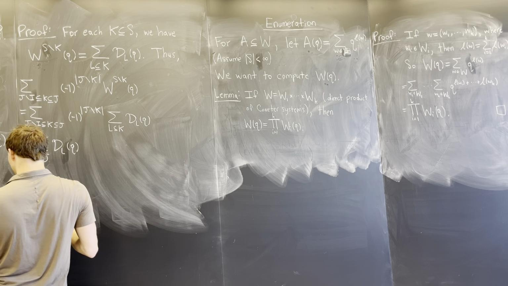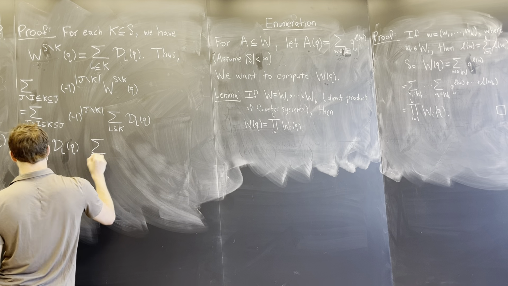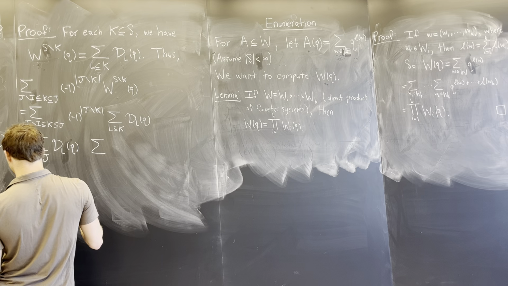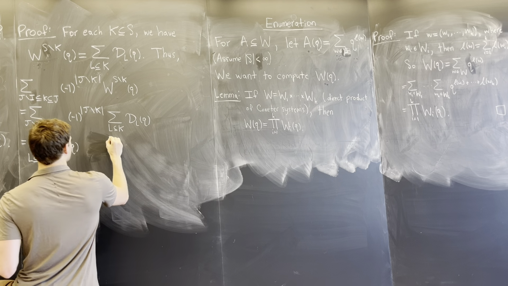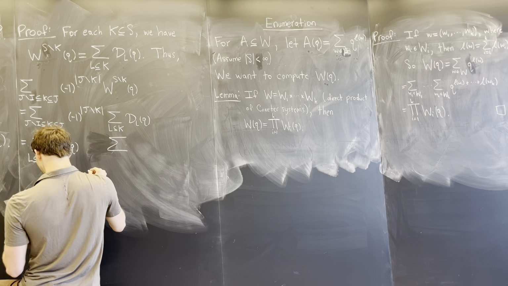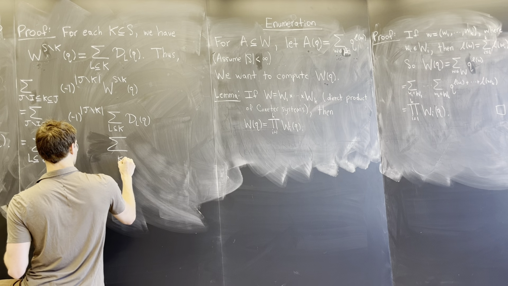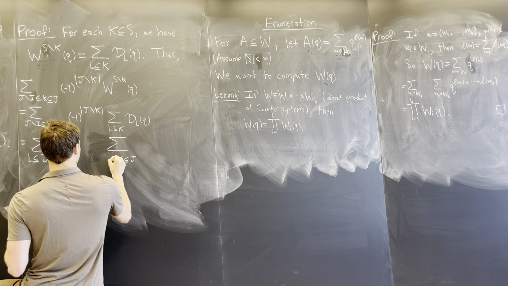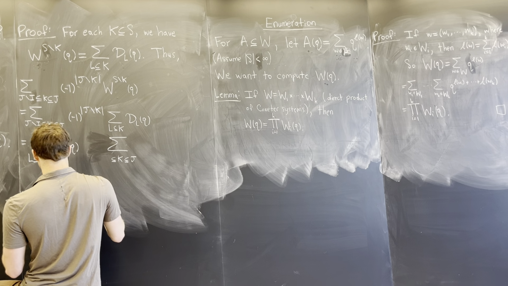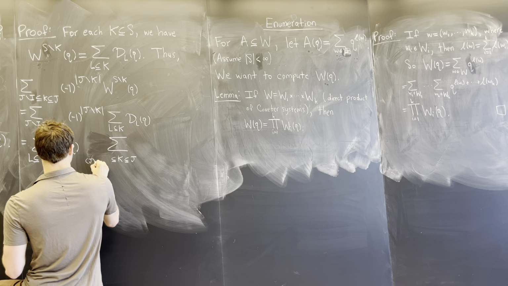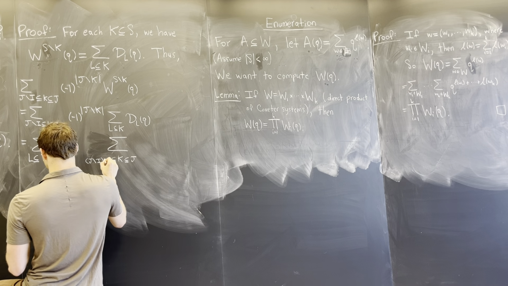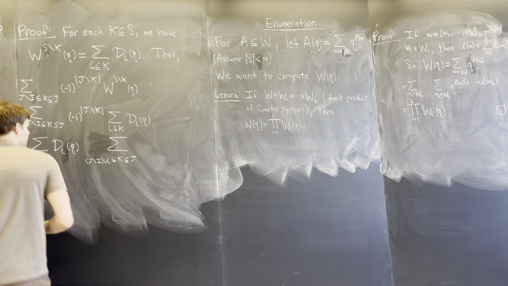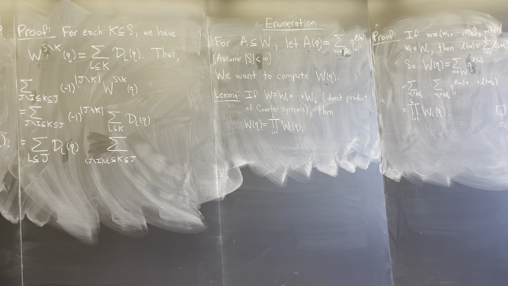And then I want to sum over all K contained in J, but K must also contain J minus I union L. Okay. So it looks a little weird.